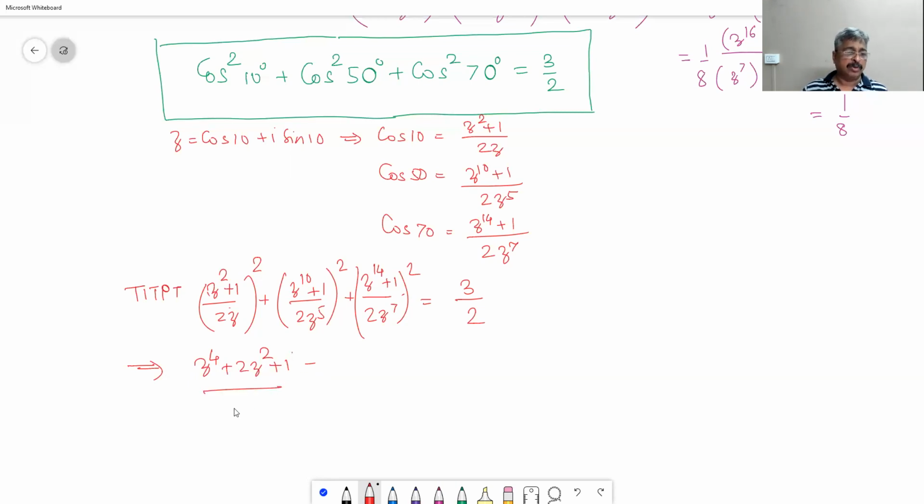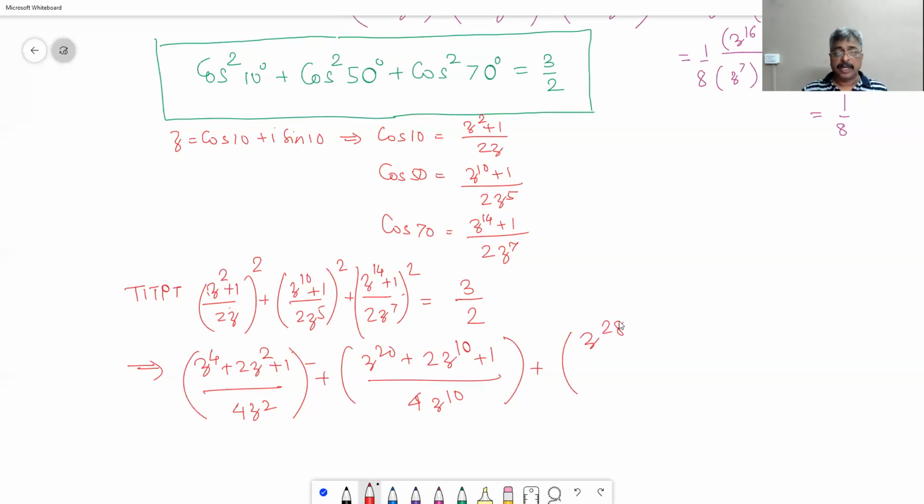The denominator of this is going to be 4z square, plus z raised to 20 plus 2z raised to 10 plus 1 upon 4 z raised to 10, plus z raised to 28 plus 2z raised to 14 plus 1 upon 4 z raised to 14, is equal to 3 by 2. Okay.